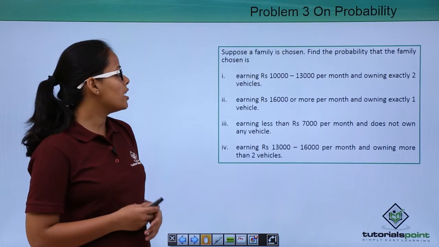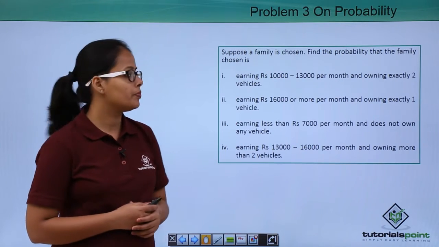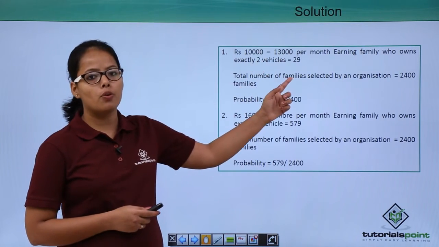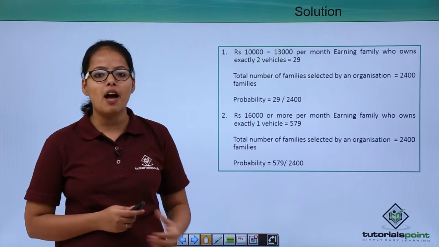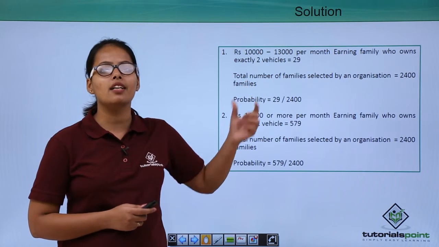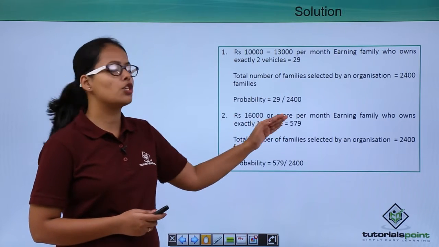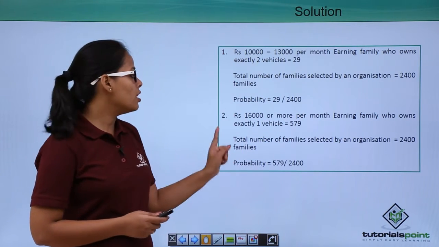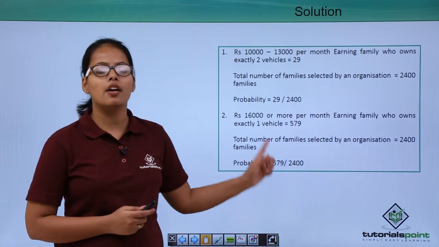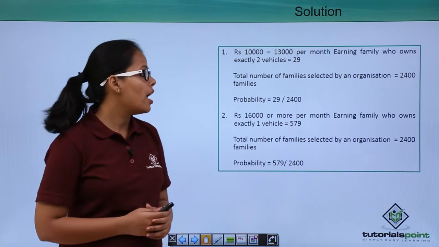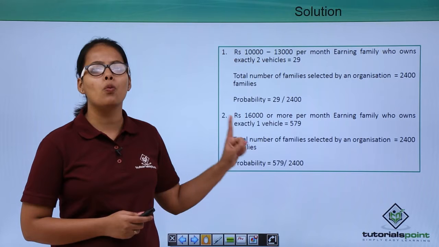Now let's see the other parts. For the first part, you have already seen that there are 29 families with this income with exactly 2 vehicles and the total number of families is 2400. So this ratio will give you the probability. In the second case, families earning more than 16,000 and owning exactly 1 vehicle.